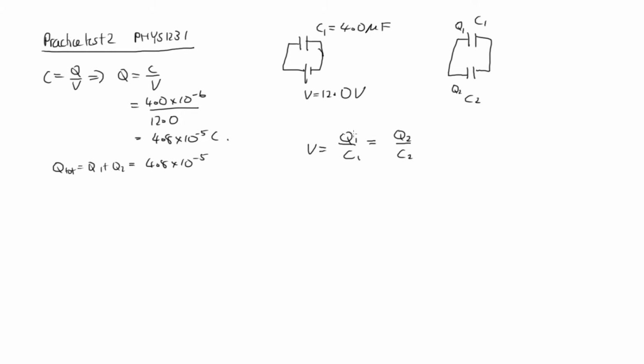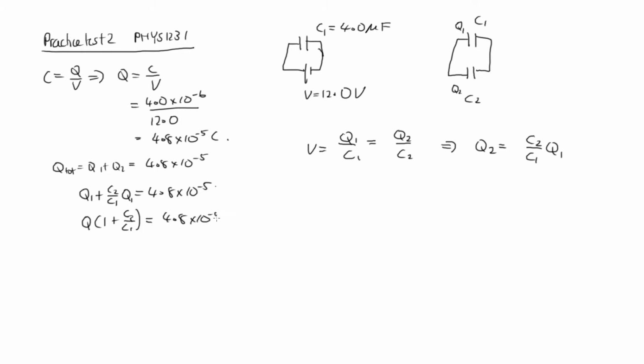So what we're trying to find is Q1. So let's put Q2 in terms of Q1. We can say Q2 is equal to C2 on C1 times Q1, because then we can substitute from here back into here to find our Q1. So we've got Q1 plus C2 on C1 times Q1 is equal to 4.8 times 10 to the minus 5. Taking Q1 outside, Q1 times 1 plus C2 on C1 is equal to 4.8 times 10 to the minus 5.